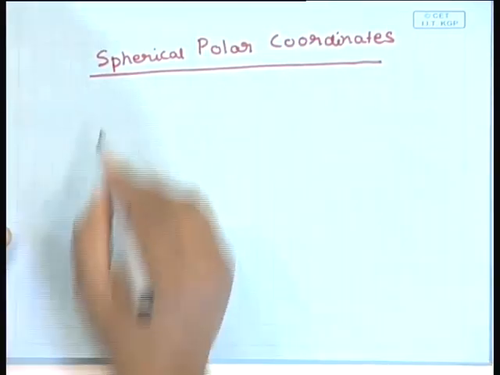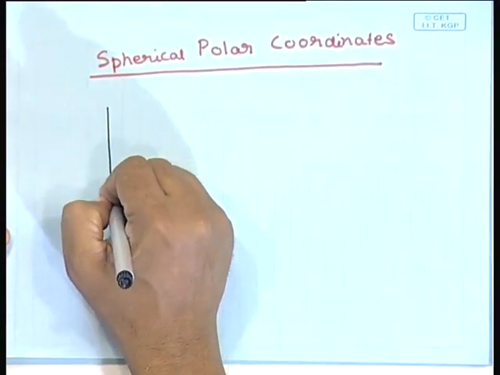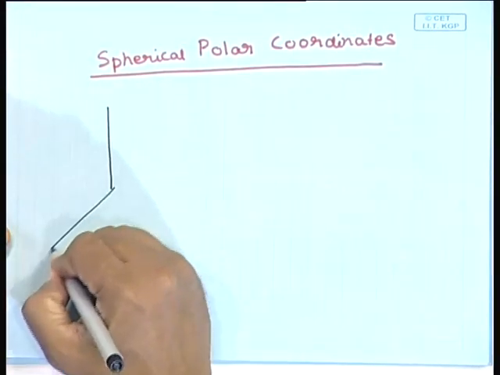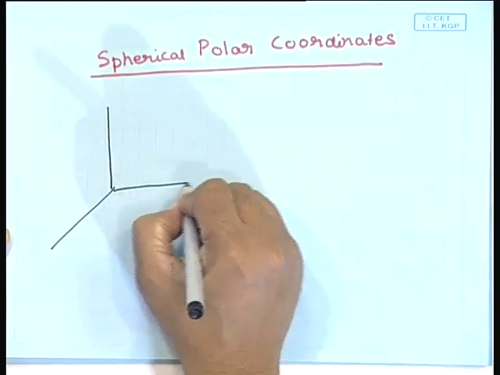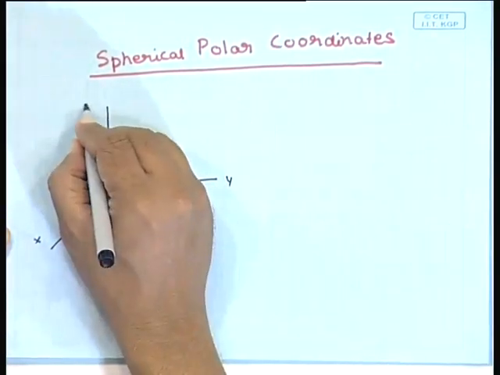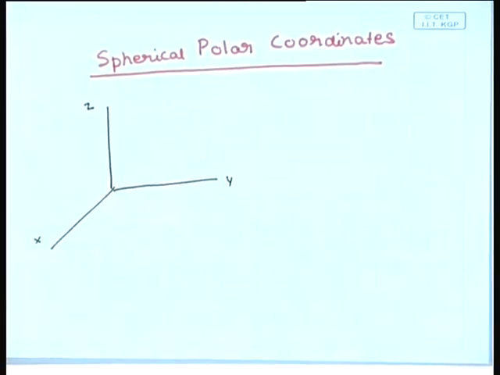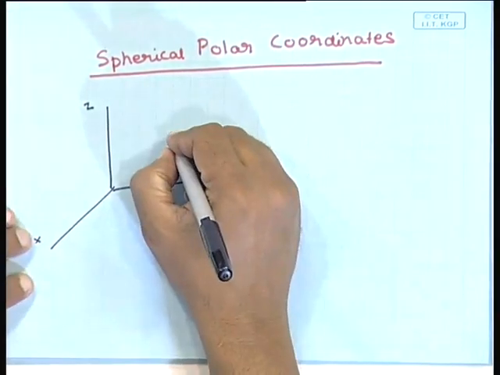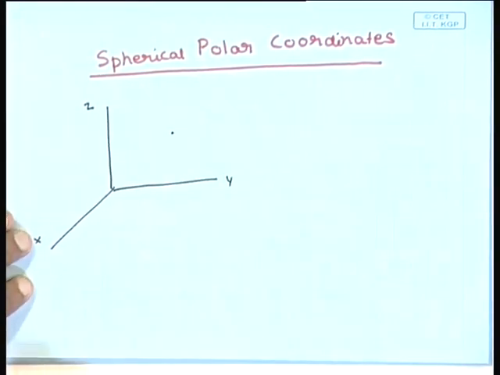We have the usual Euclidean space, and these are the Cartesian axes x, y and z. But instead of using these 3 coordinates, we could use a different set of coordinates for a point. So, if this is a point, we could describe it by its x, y and z coordinates, but instead we could also use spherical polar coordinates.